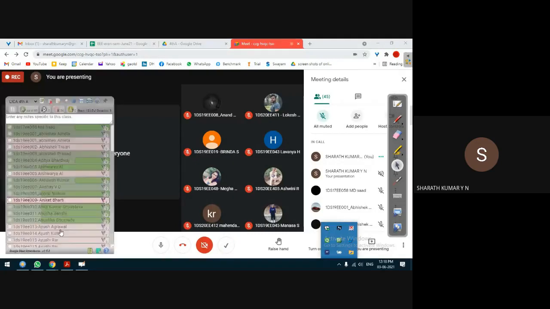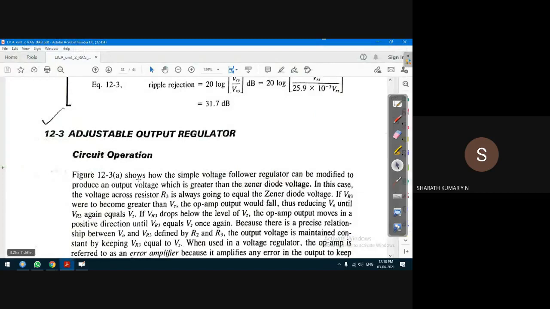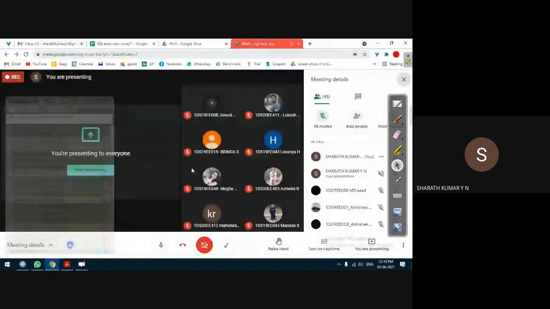Okay, so let's start. We discussed the basic operation of a voltage regulator and its parameters. There is line regulation, load regulation, and ripple rejection, which determine the performance of these voltage regulators.